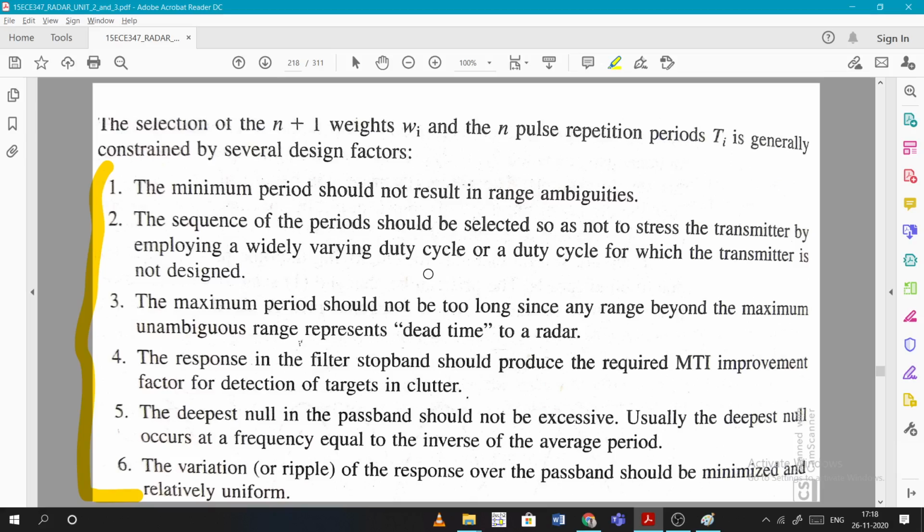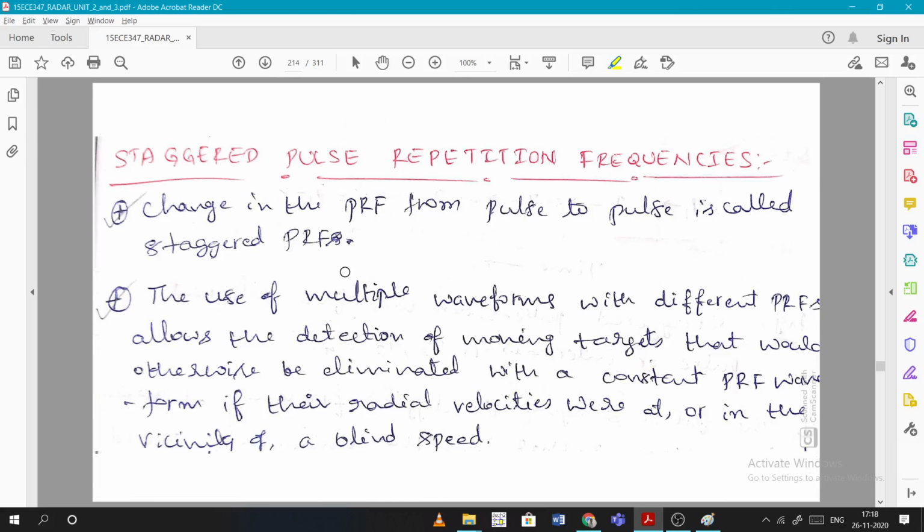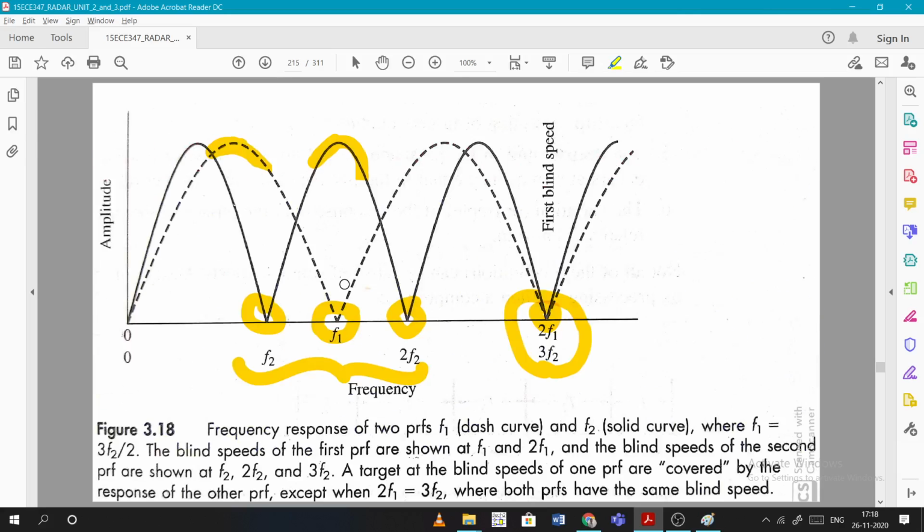The deepest null in the passband should not be excessive. Usually the deepest null occurs at the frequencies equal to the inverse of the average period. So basically the deepest null will occur when the frequency is equal to 1 by T average.